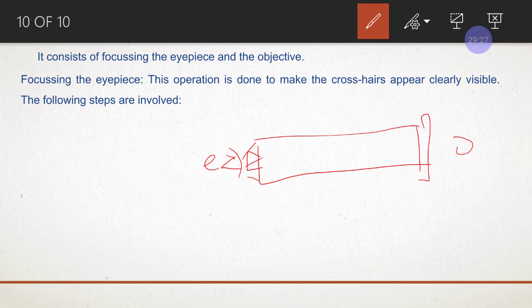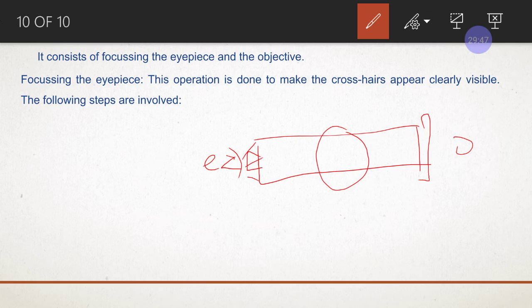At the side of your telescope, you have a screw, right? When you turn this screw clockwise or anti-clockwise, you will get the clarity of the image.